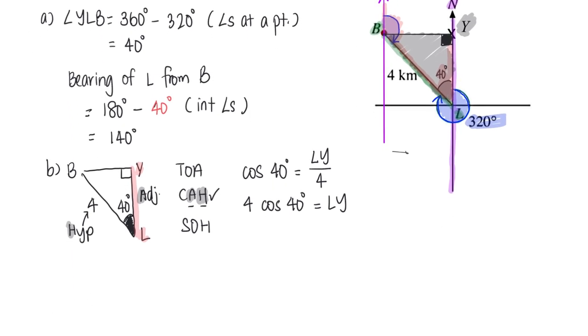So therefore, my LY will be equal to 3.06417, 3.06 kilometers to 3 SF, 3 significant figures.